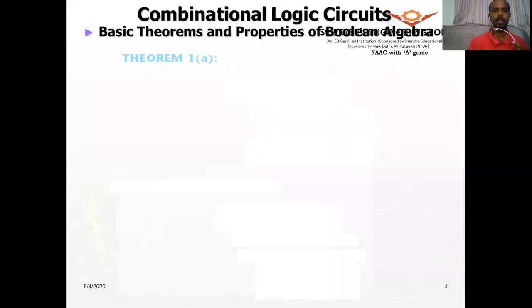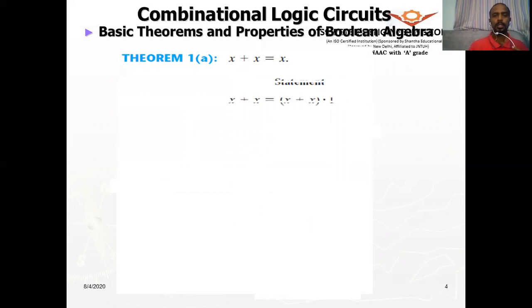Now let us prove theorem number 1a, which is x OR x is equal to x. We want to prove x OR x, so we simply multiply, or AND, it with 1. We know that 1 is nothing but x OR x complement, so we write this 1 as x OR x complement.